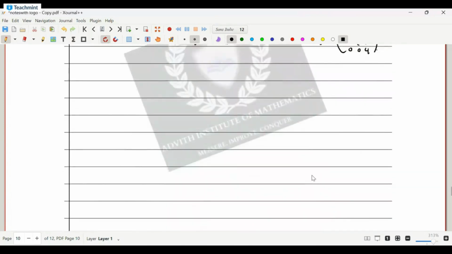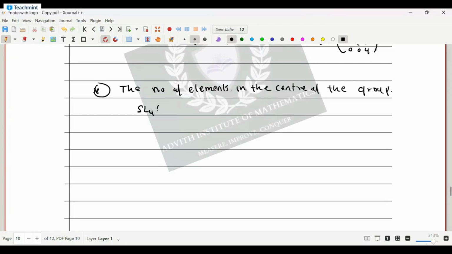Next one. The number of elements in the center of the group SL4 of Z5 is equal to dash.